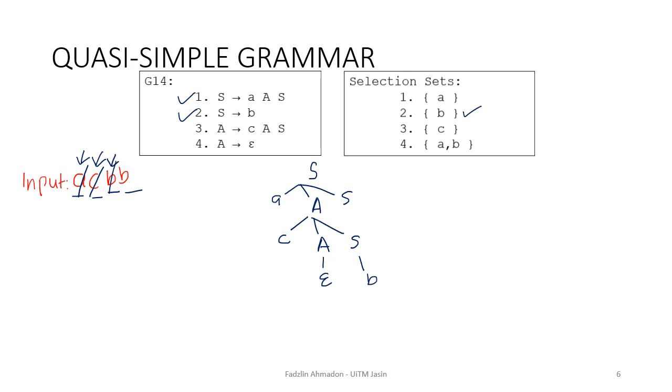Moving on, the next input is B, and I'm going to replicate the same thing. So this is how you draw a derivation tree for a particular input by using the selection set. So this is our derivation tree for A, C, B, B.